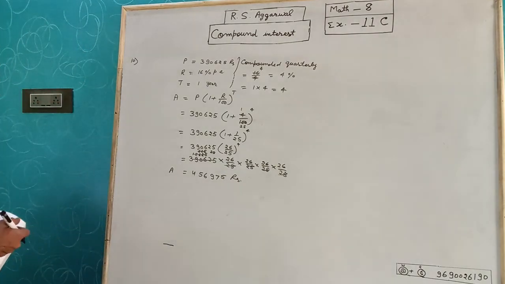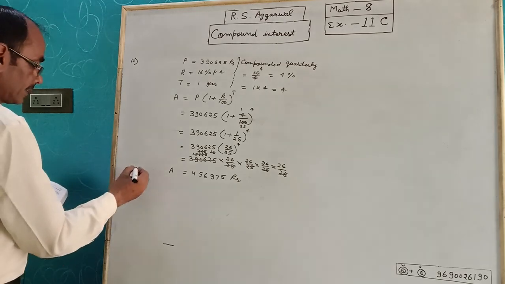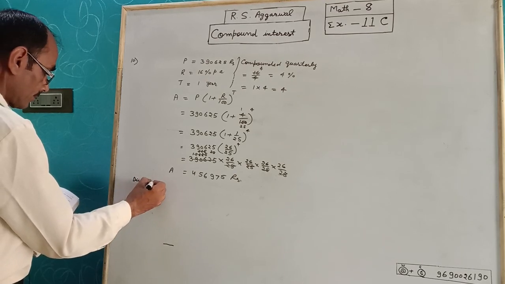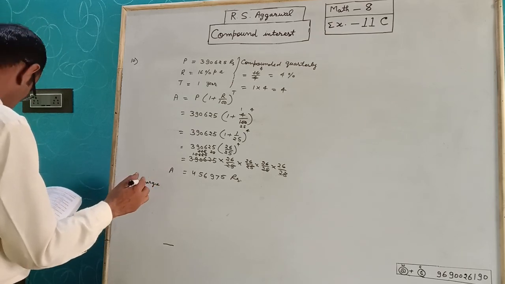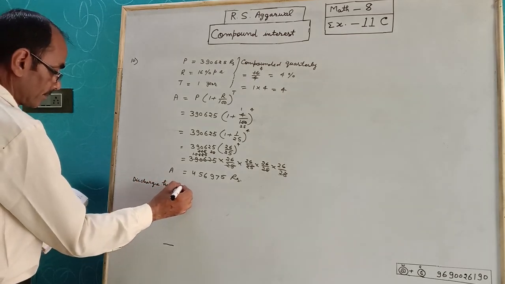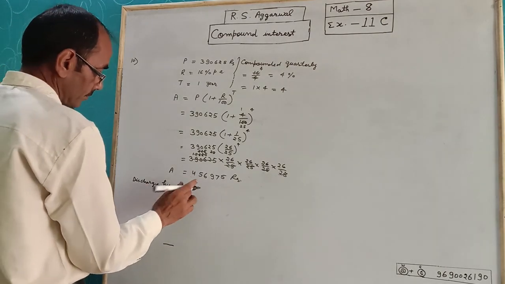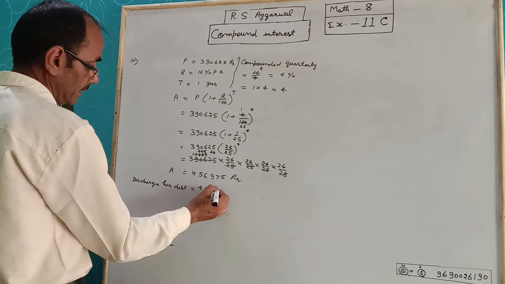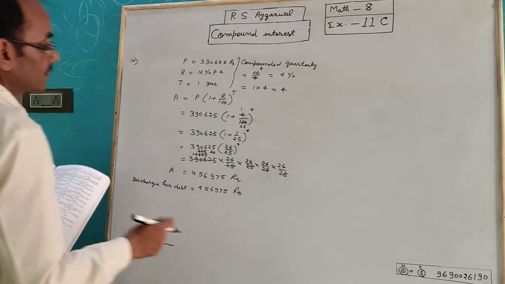To discharge the debt, his debt is equal to 4,56,975 rupees. Thank you.